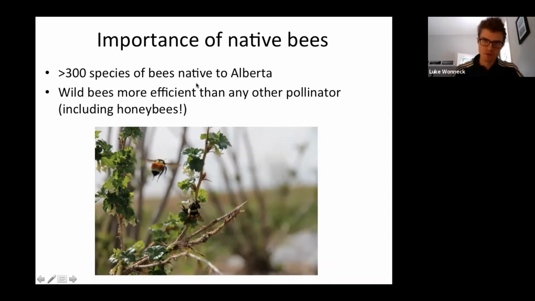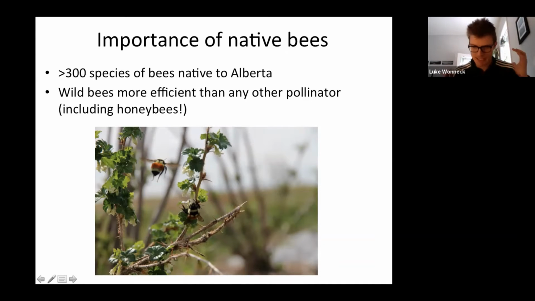That's twice as many species as all of the species of mammals, reptiles, amphibians, and birds combined. So there's a lot of species of bees here. We've got a lot of diversity. And they're really efficient at pollinating. They really help plants out quite a bit because they're so adapted to our conditions.